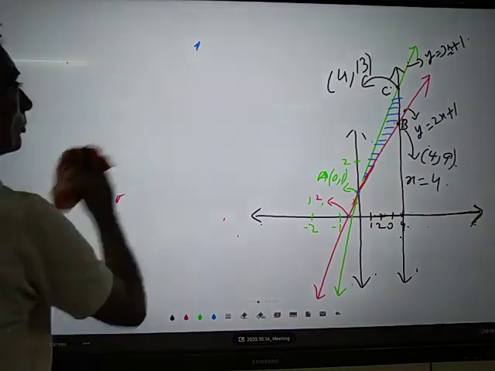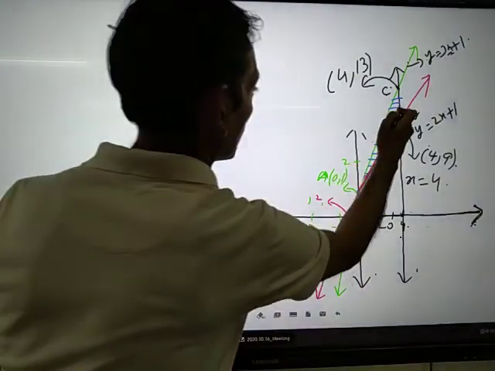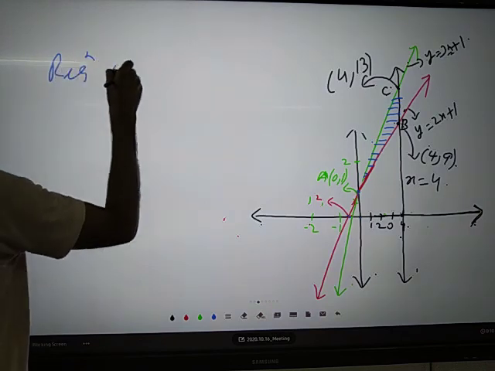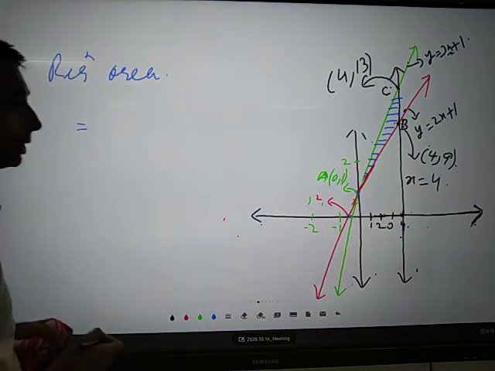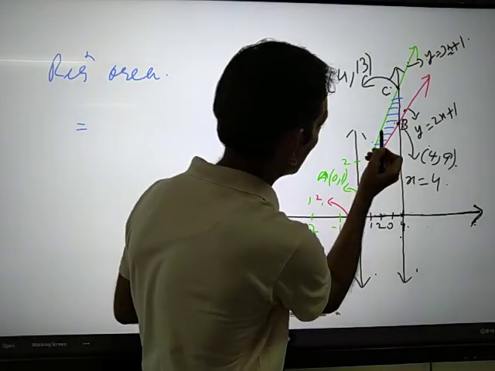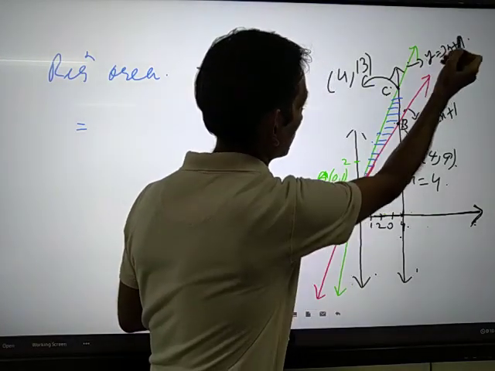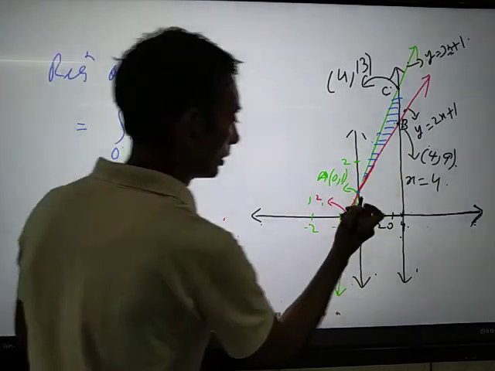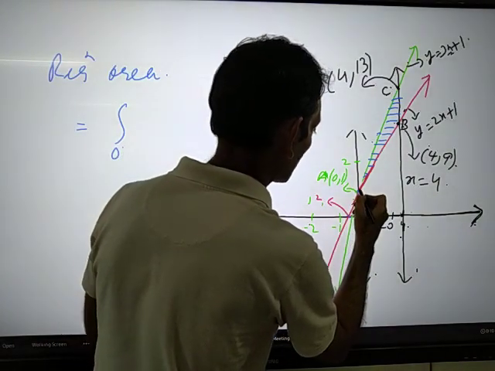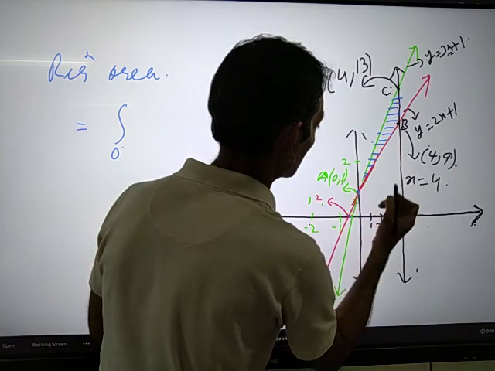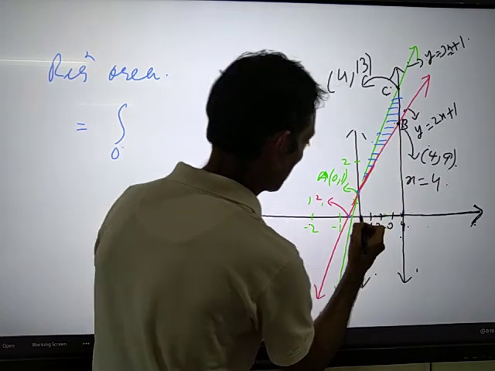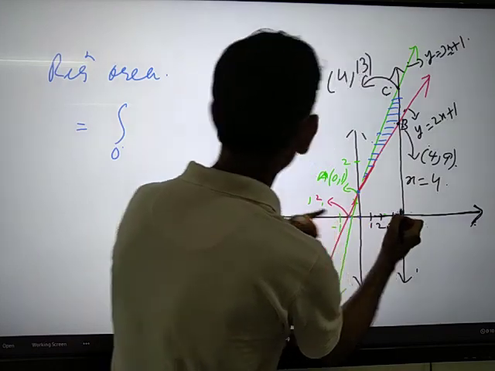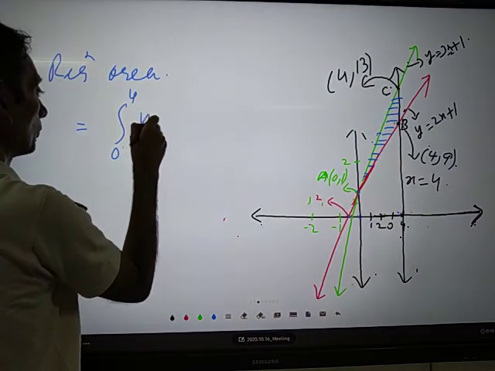We'll find the area. What is the area of the shaded portion? For the required area, first we'll integrate with respect to this line, y equal to 3x plus 1. The x coordinate of this point is 0, and it goes to x equal to 4, so the integral is 0 to 4 y dx.